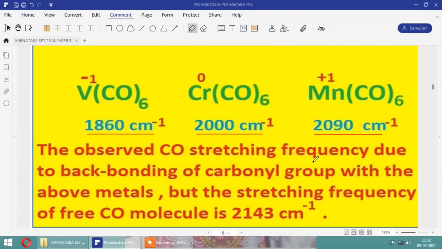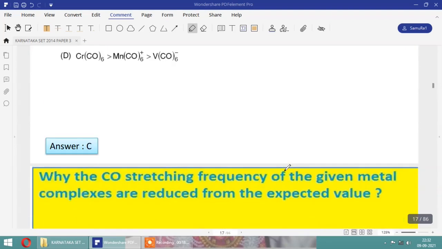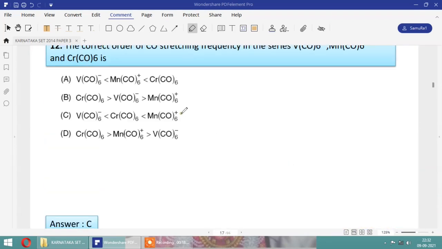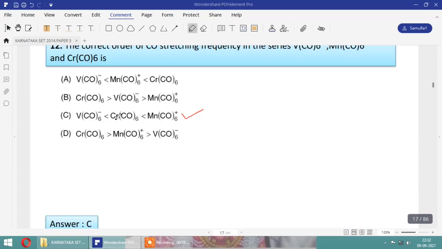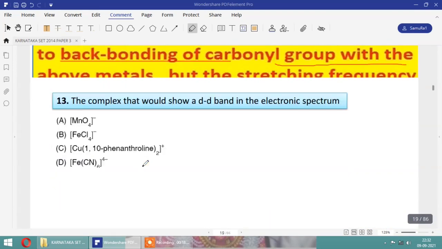The observed CO stretching frequency is due to pi back bonding of the carbonyl group with the metals. But the stretching frequency of the free CO molecule is 2143. So option C is correct. Manganese has a higher frequency than chromium, which is higher than vanadium.